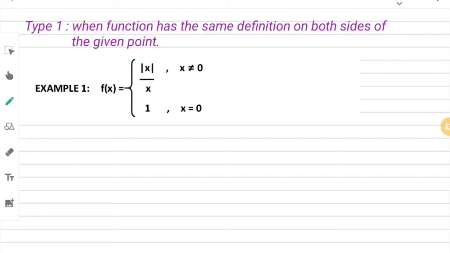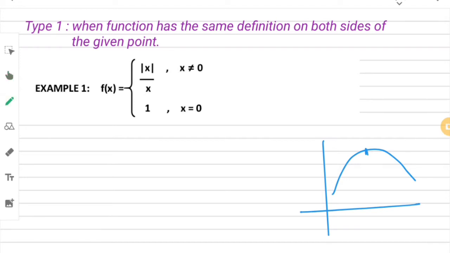In this topic, the questions are asked in three types. Type 1 is when the function has the same definition, that means the same function on both sides of the given point. Here it is the x-axis and y-axis, and a graph is going like this. Now we want to find whether the graph is continuous at this point or not, and the function is given as modulus x by x.